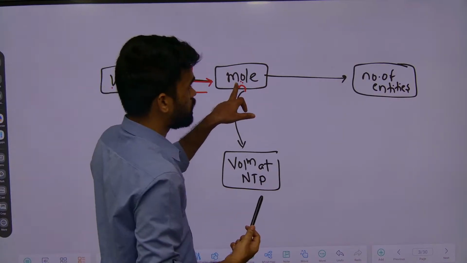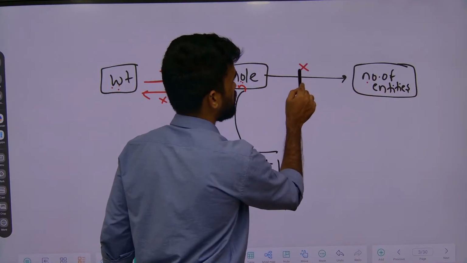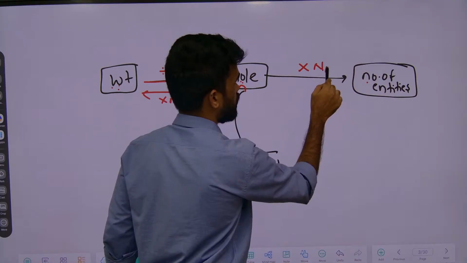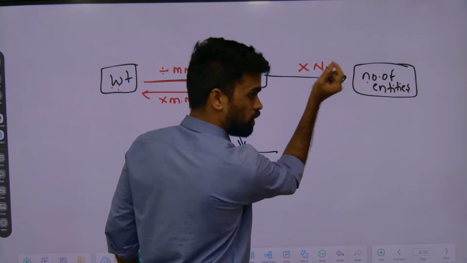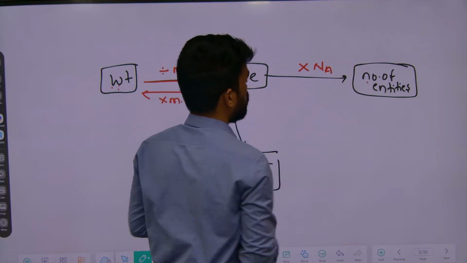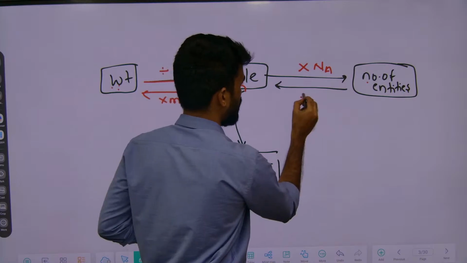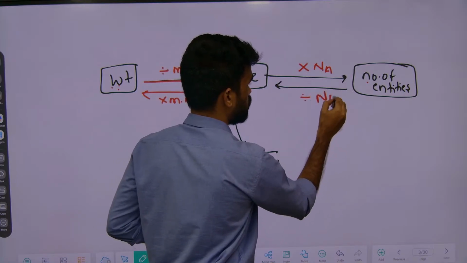Moles to entities: multiply with Avogadro number. If they are asking the atomicity of a particular element, then multiply that atomicity also, depending on the condition. Entities to moles: divide with Avogadro number.